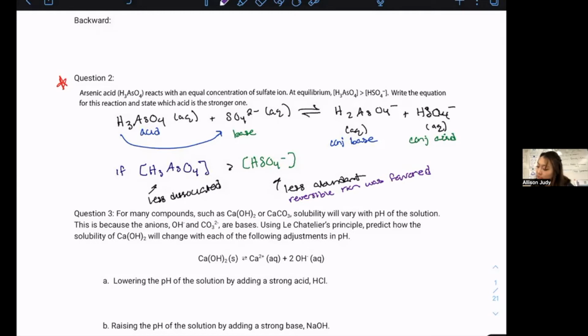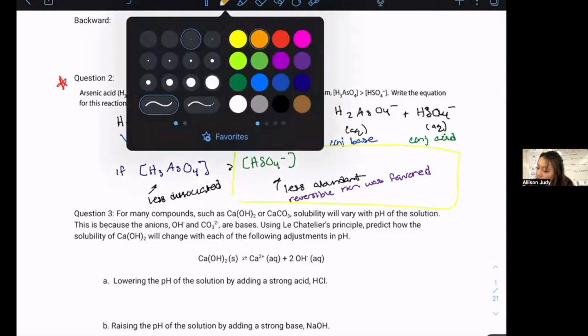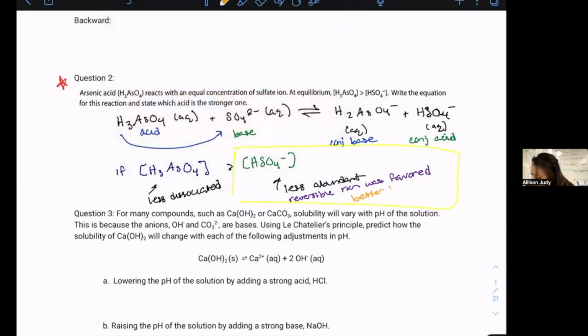So that means, which acid is the stronger one? HSO4 minus is the stronger acid because it's a better acid, because it ionizes more. So that's your conceptual walkthrough for understanding that problem and also using it as a review of the relationship between conjugate pairs, as well as how we understand dissociation in terms of equilibrium position.